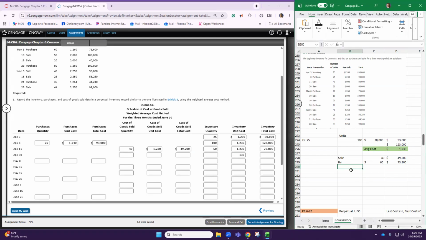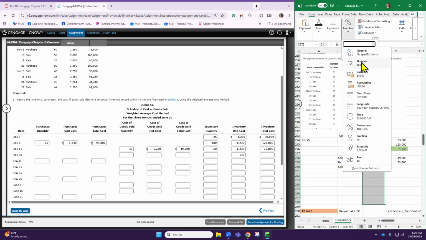They're doing another sale, and this is perpetual, another sale of 30 units. Let me get rid of these dollar signs so we don't lose track of what we're doing.